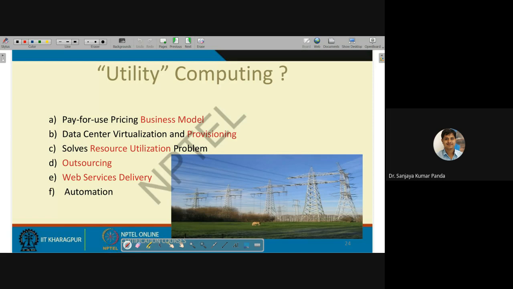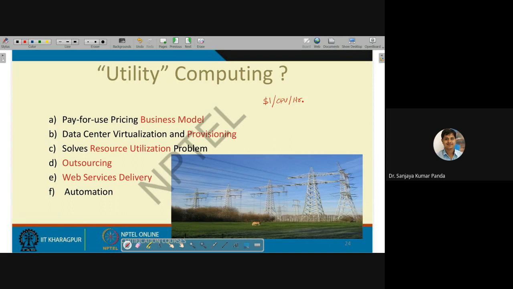The first one is called the pay-for-use pricing business model. I'll give you one example. For example, you have to pay, let's say, $1 for a CPU per hour. So if you want a resource in the cloud, the cloud service provider has to provide you a resource for which you have to pay $1 per CPU per hour.